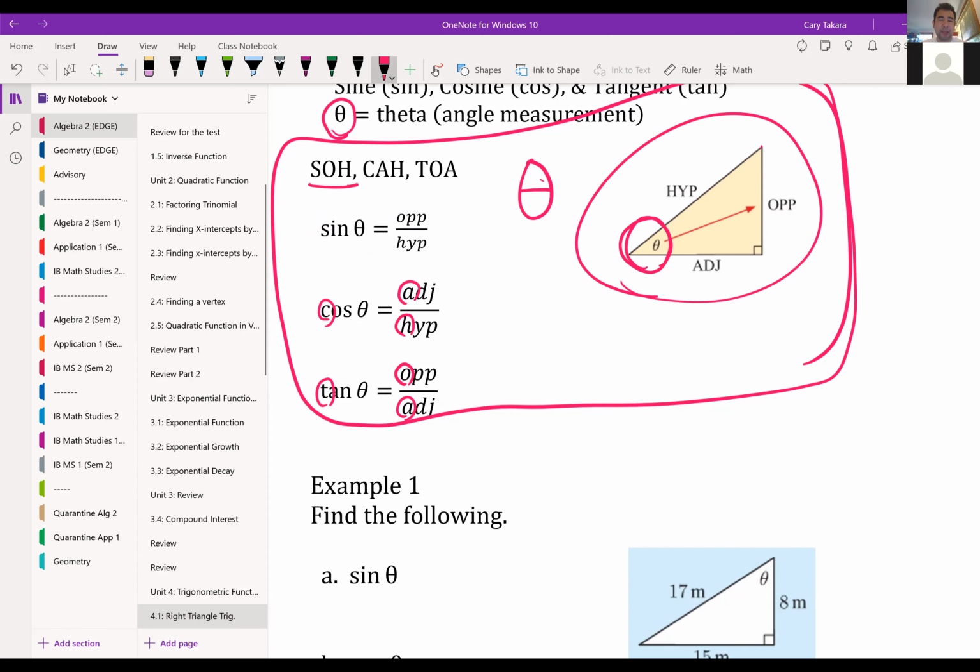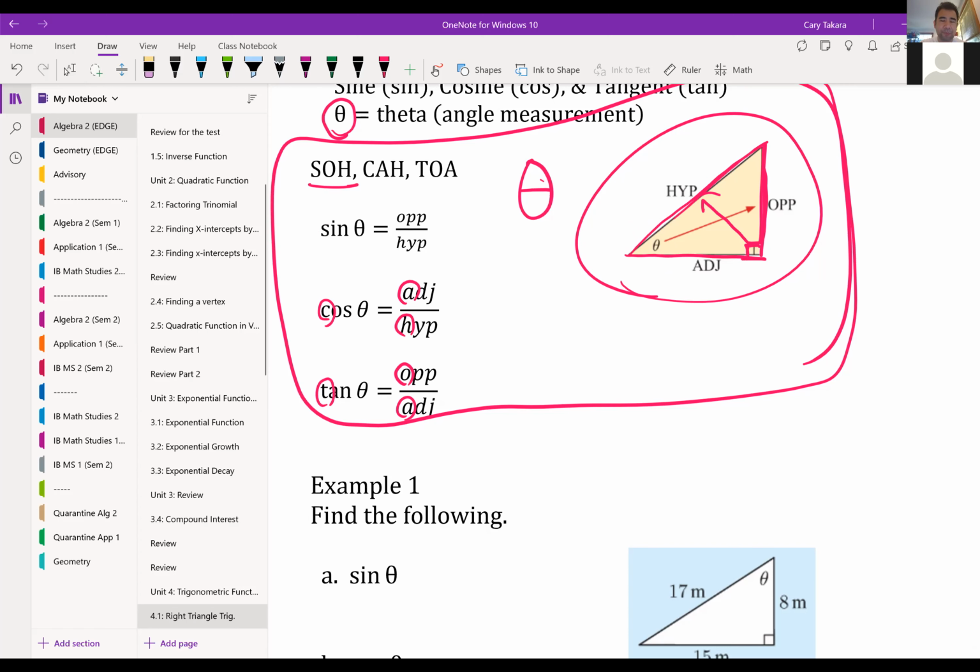Then the opposite is going to be this side because it is opposite to the theta. That's why it's called the opposite. Hypotenuse is always the side opposite the 90-degree angle. If you identify opposite and hypotenuse, then the last side is going to be adjacent.